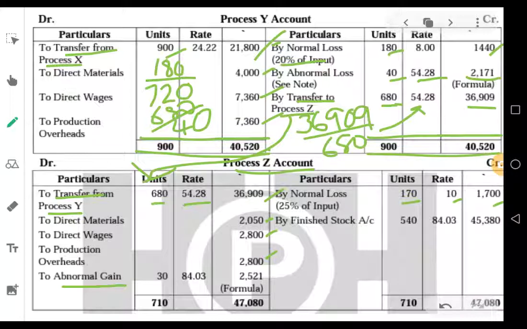In the Process Z account, make the debit side entry of abnormal gain, 30 units, and the value of abnormal gain you should calculate with the help of a formula, that is total process costs. Total process costs means you have to add 36,909 plus 2,050 plus 2,800 plus 2,800.